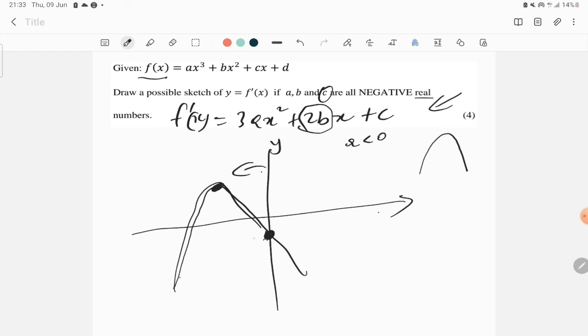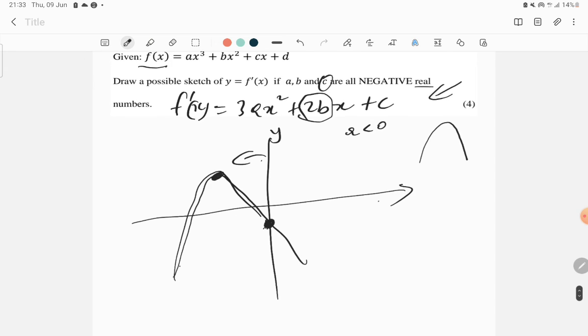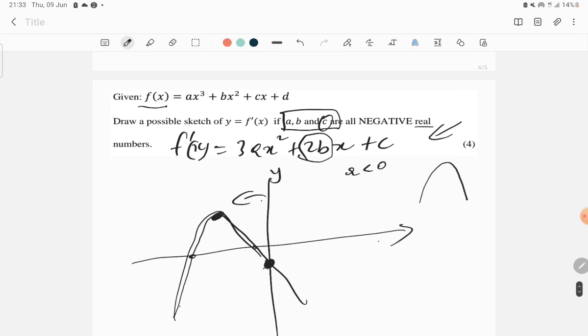This is just a rough sketch of this graph, where you need to show these parameters, not necessarily the x-intercepts, just to analyze the effect of a, b, and c. So this is f prime, which is the derivative of f(x).